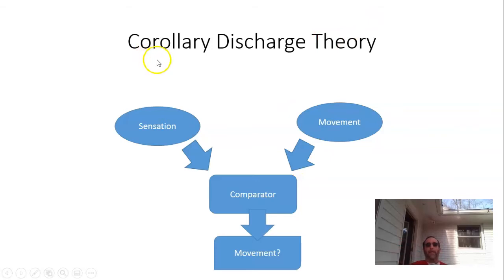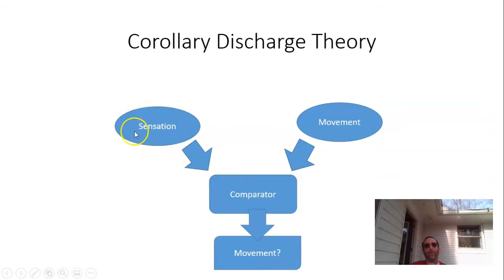And one way to explain that is what's called corollary discharge theory. There's this hypothetical, at this point, part of the brain called the comparator. This is just a model. There's no part of the brain that's actually been identified as the comparator. But the idea is that there's some part of the brain where information about eye movement feeds into, and information about sensation on our eye moves into it.